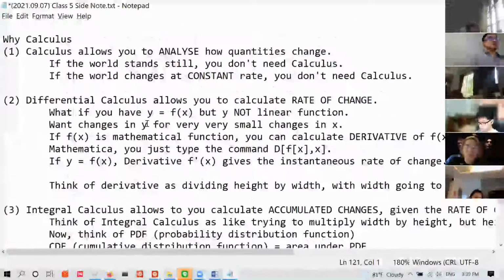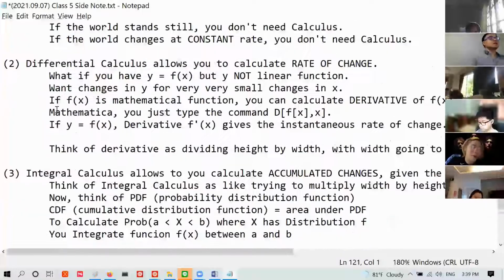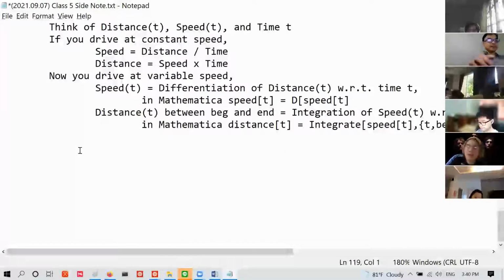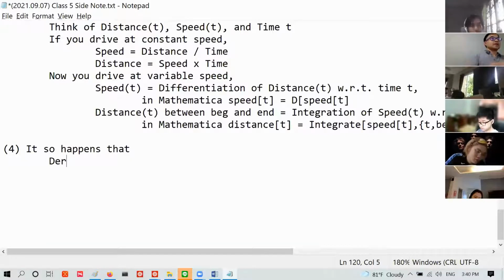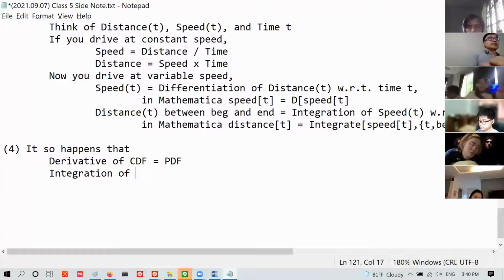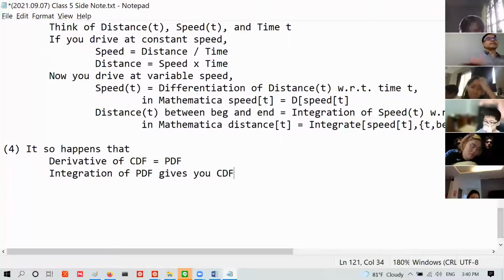Now, it so happens that the derivative of CDF is equal to PDF, and the integration of PDF is CDF.